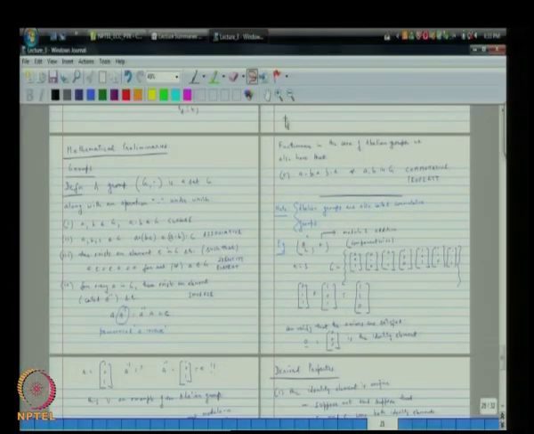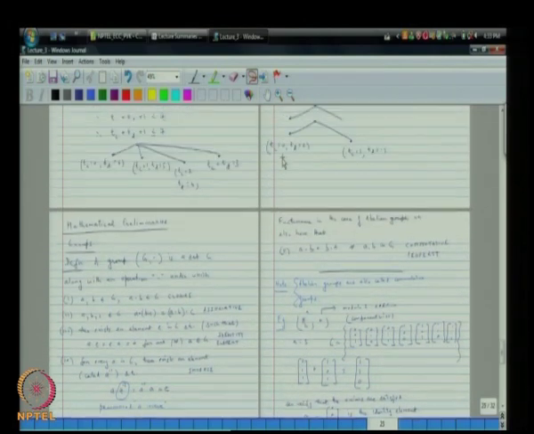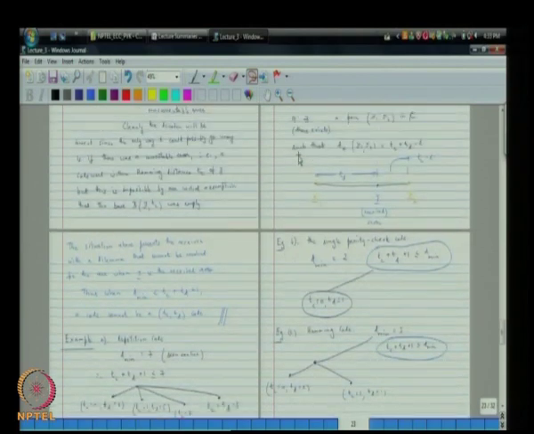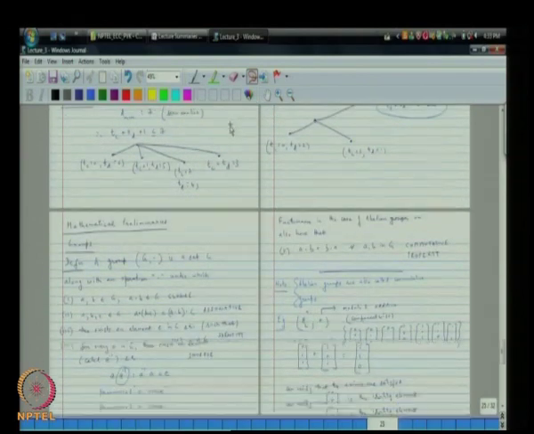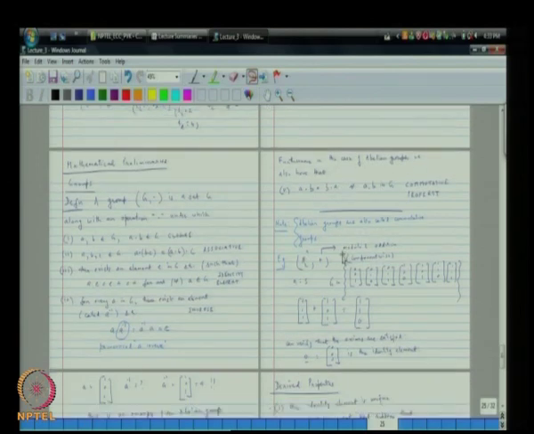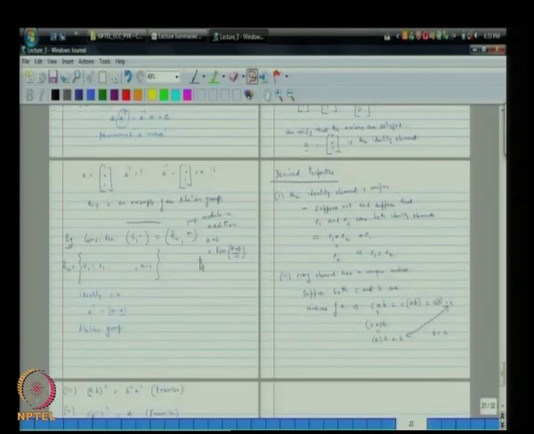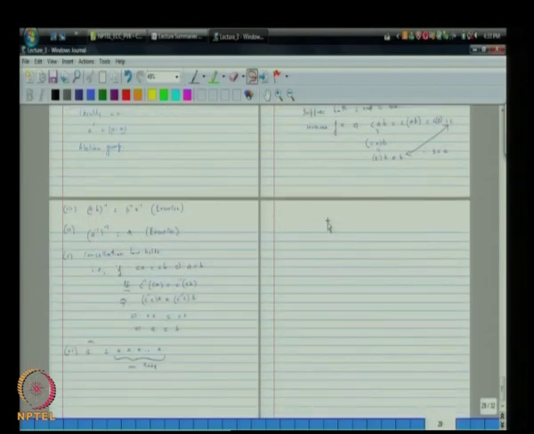So, this is our lecture pad. Quickly reviewing this, on this side here you see the axioms that define a group, and then we looked at some examples. We looked at derived properties, that is properties that follow from the axioms, and that is about where we are. So, we will continue from there.